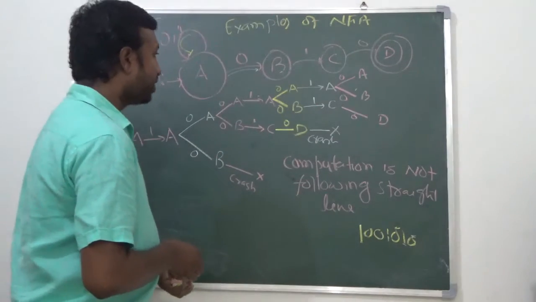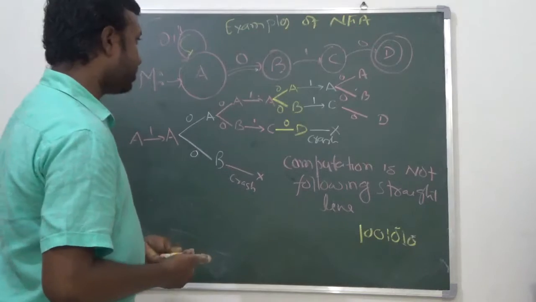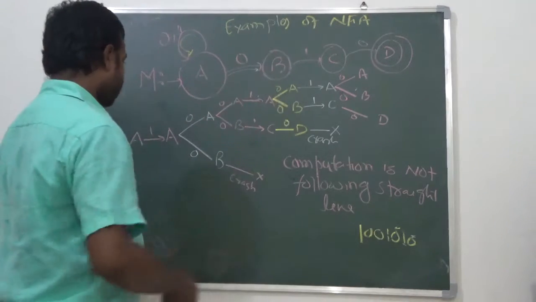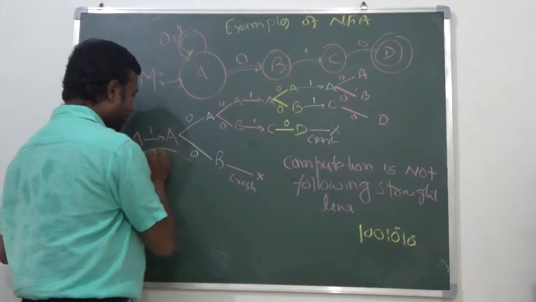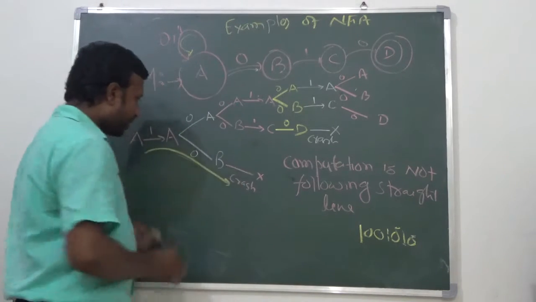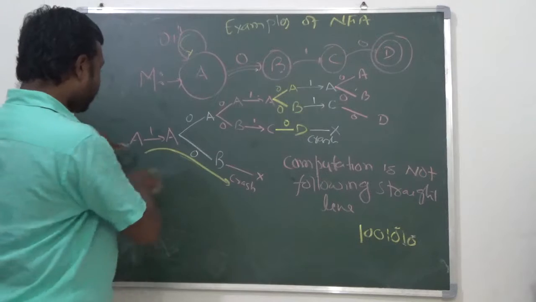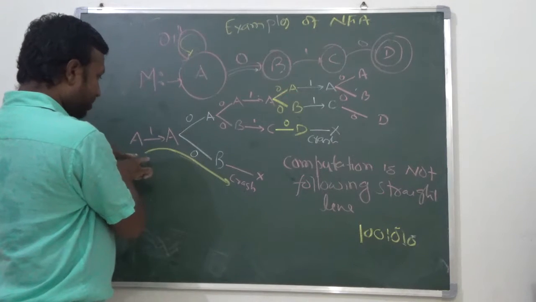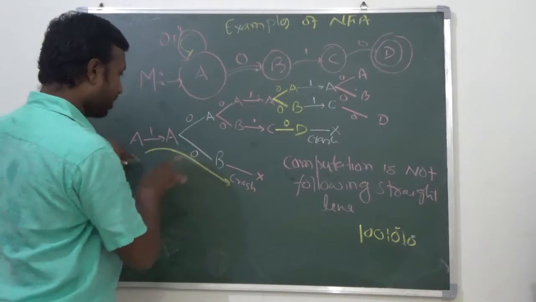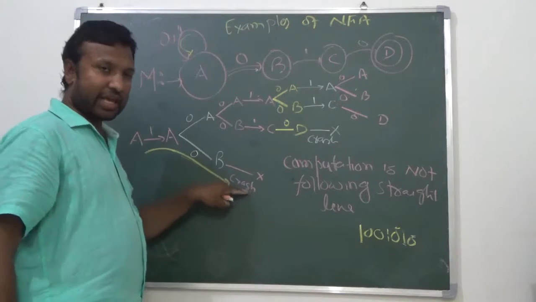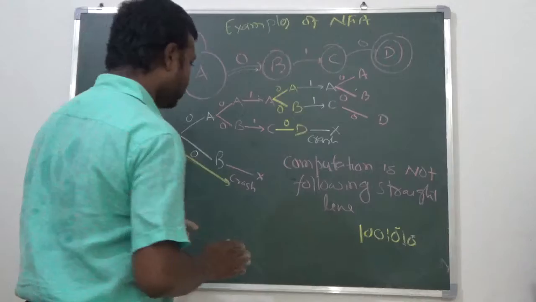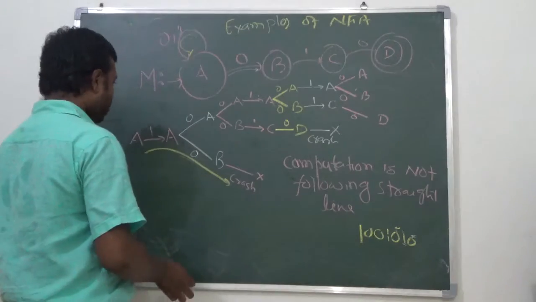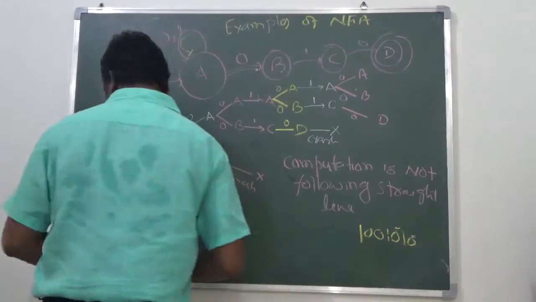Now, the question is, there are various points if we analyze all the branches. Let us analyze this branch first. If the computation is done by the machine like this, then the machine will crash, right? And if the machine crashes, it should not accept the string, because the machine is not able to process.